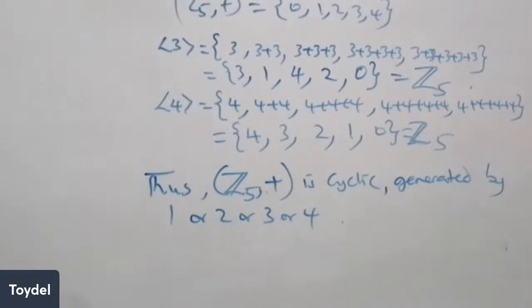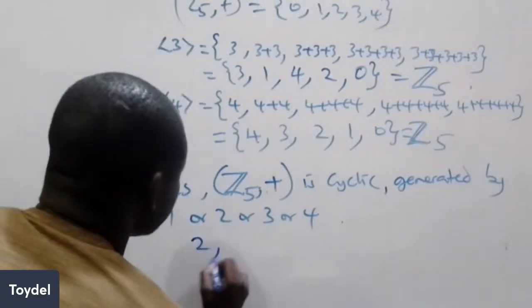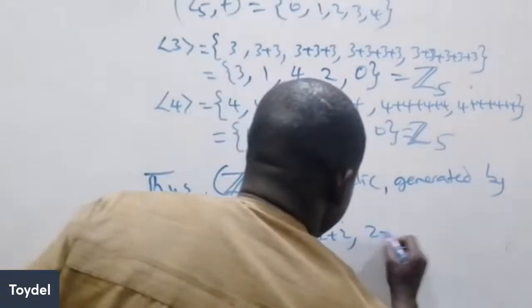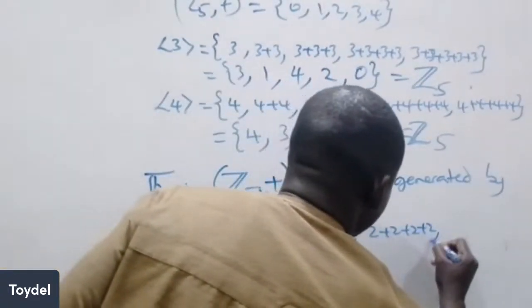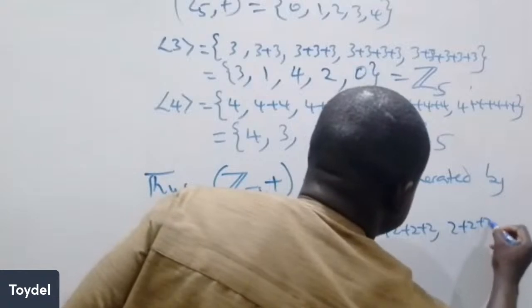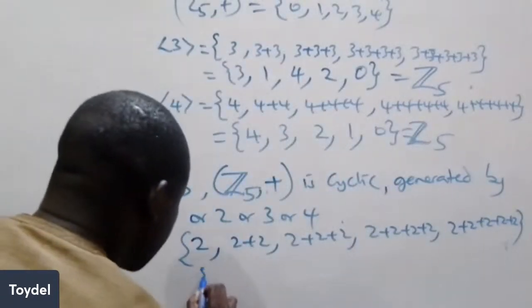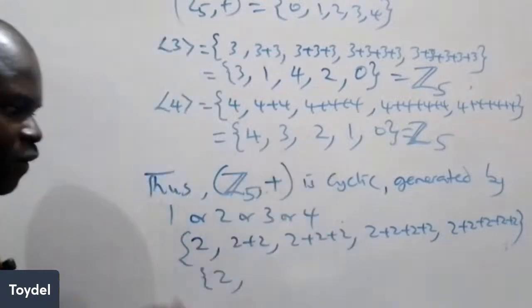Okay, somebody is asking that for the generator 2, how do we get 3? For the generator 2, you have 2. We have 2 plus 2, 2 plus 2 plus 2, 2 plus 2 plus 2 plus 2, then 2 in 5 places. The first one will be 2. Any number that you get that is less than 5, of course, you just write it.